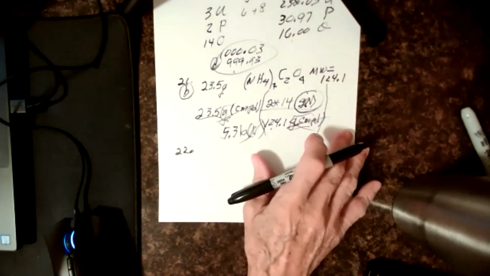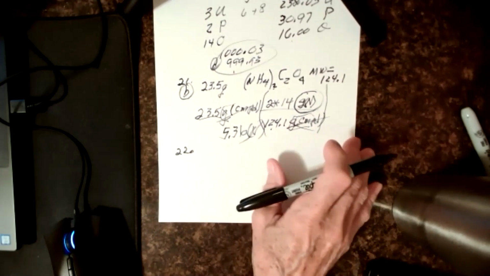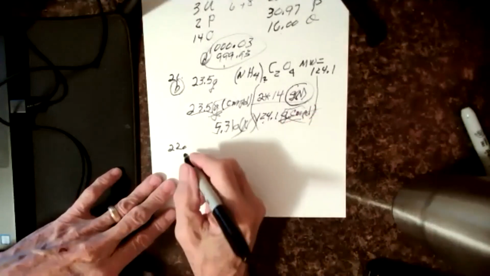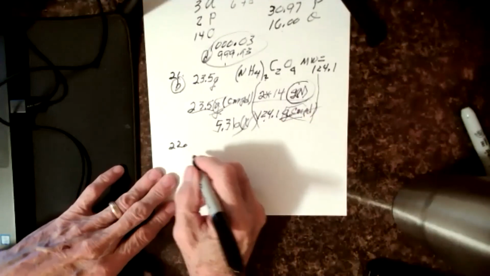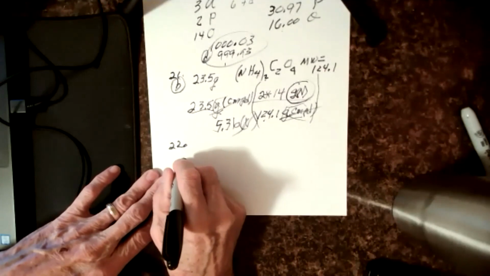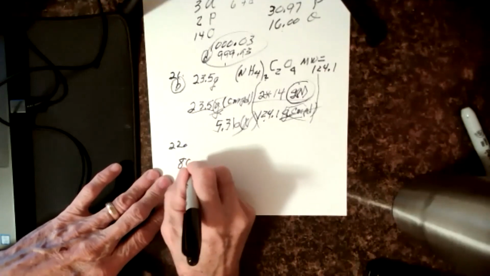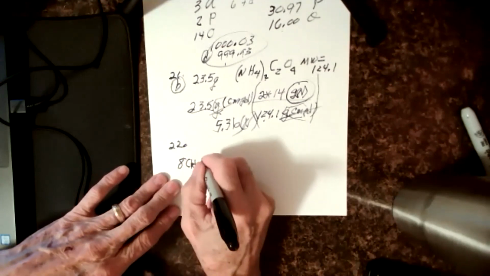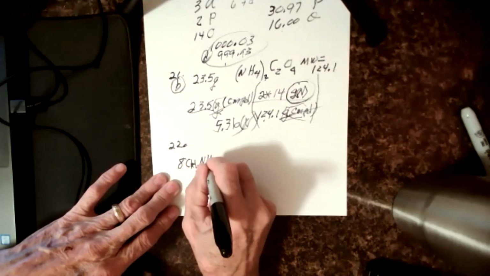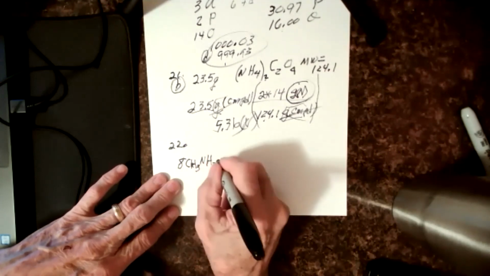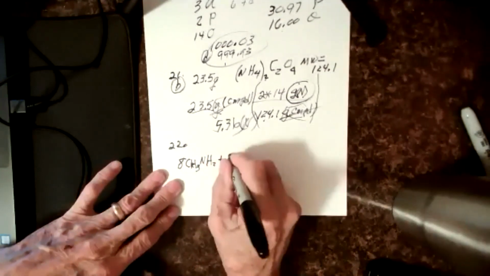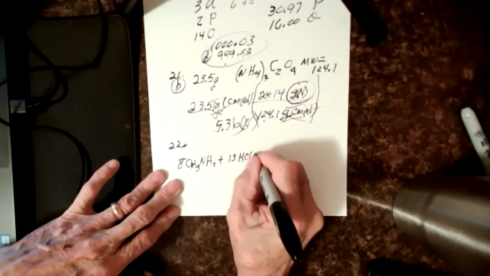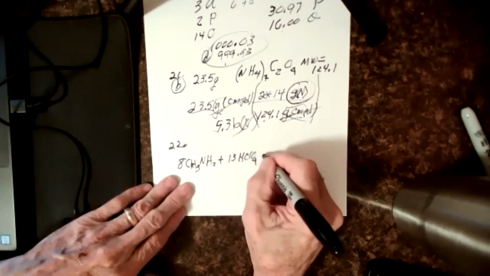Okay. These are stoichiometry problems now. So let's see if we still remember what we were doing. The problem that we're looking at is this one: 8 CH3NH2. In organic, they'll call that methylamine. And 13 HClO4, that's perchloric acid.